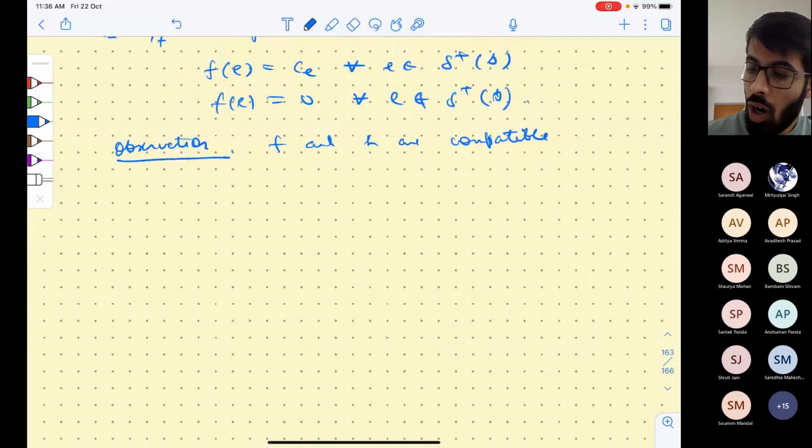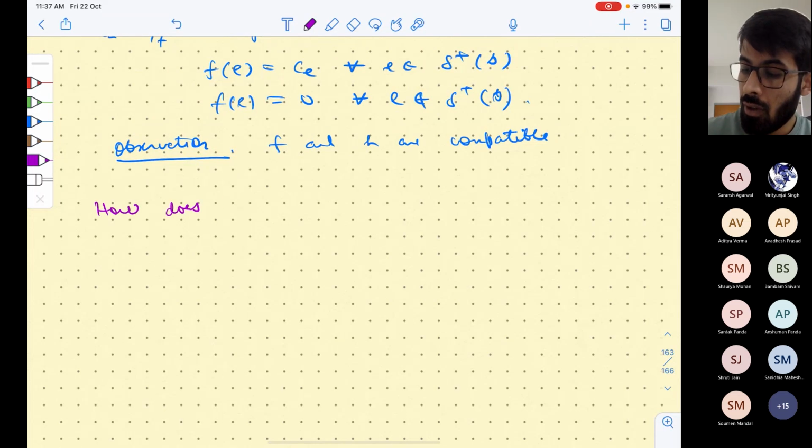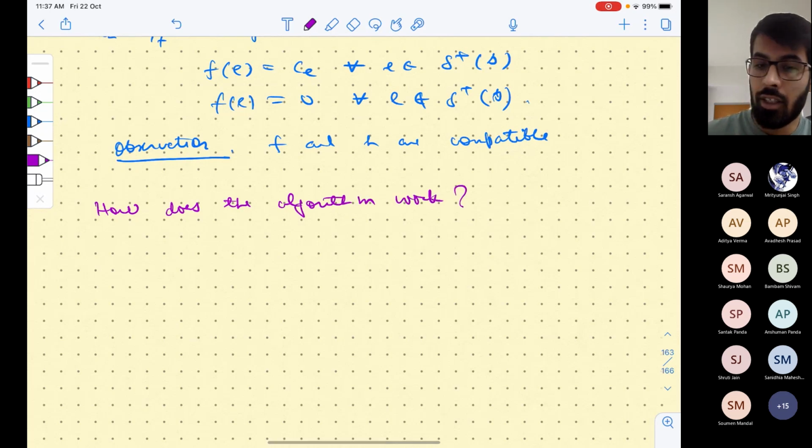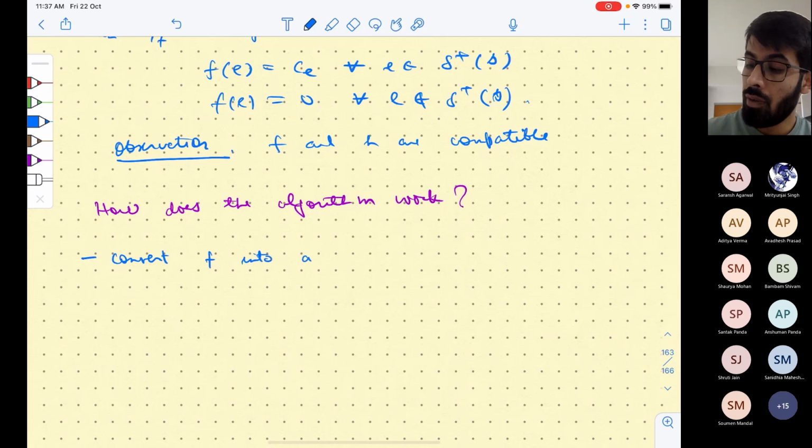So the question is now, how does the algorithm work? This is just the initialization, right? So the idea, as I had said, is to convert F into a feasible flow and have compatibility throughout.